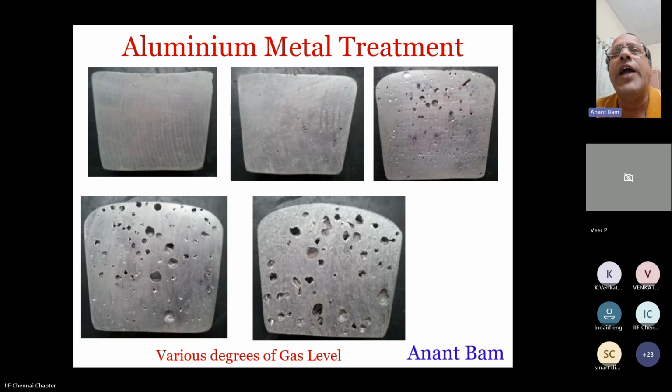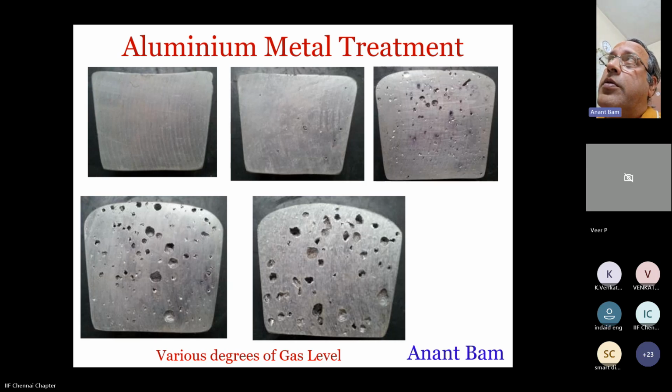Various degrees of gas level as observed in the vacuum sample or the reduced pressure test sample. The density index analysis. It's an equipment which contains two stages. First is the vacuum sample or the reduced pressure test sample, wherein a predetermined geometry of a cup is made, which is the international standard.